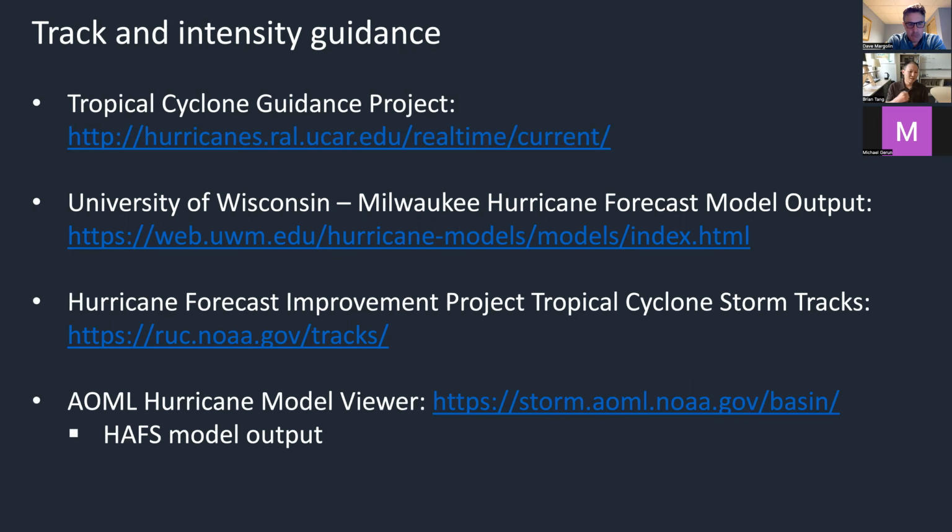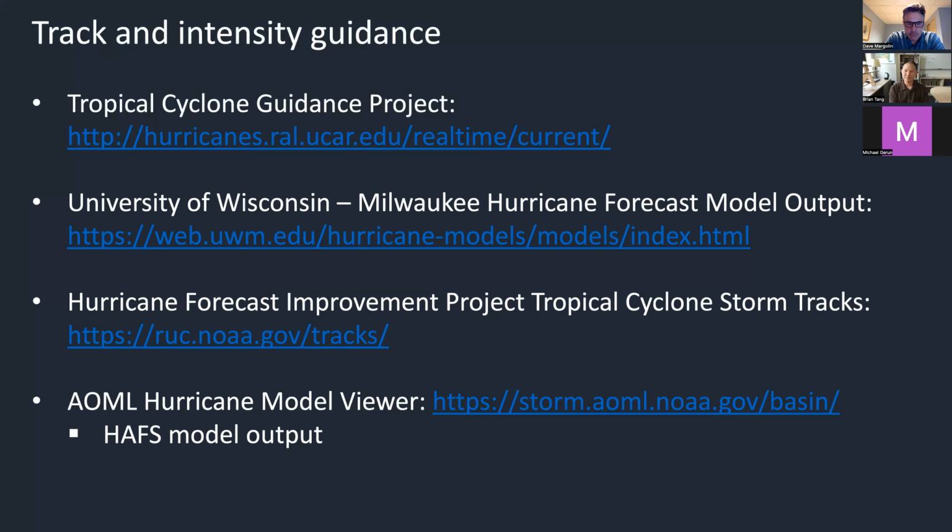And then perhaps a little bit less known, but really great stuff, is the AOML Hurricane Model Viewer. This is their in-house model viewer. You can literally spend the entire day looking at all the variables that they have. Particularly of interest is the Hurricane Analysis and Forecast System, the HAFS model, which is the next generation hurricane model.